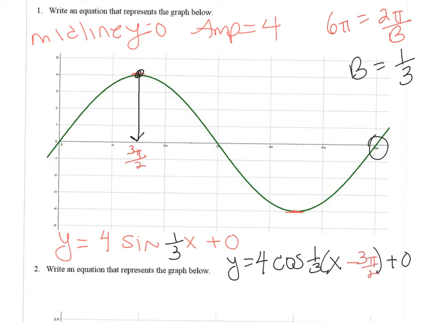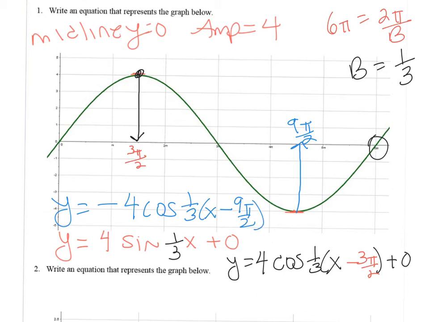That's one answer. We could also do a reflected cosine graph. So there's infinite answers for every function that you're going to write an equation to since the pattern keeps repeating. So if I wanted to do a reflected cosine graph, I could look at the minimum, find this x value, which is going to be 9 pi over 2, and I could write a cosine function as negative cosine, move to the right, 9 pi over 2.